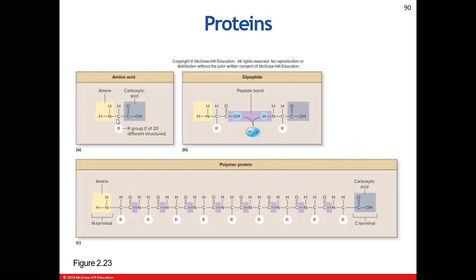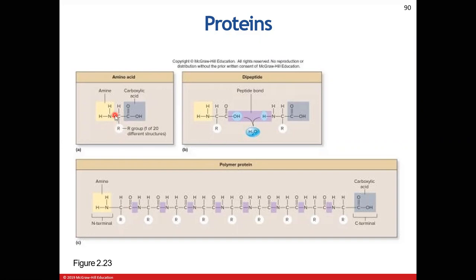Again, here's our one carbon with a hydrogen covalently bonded to it. Here's that amine group, okay? Here's the carboxylic acid group. Again, both of them covalently bonded to the same carbon atom. Then we have this last one down here, and this last structure is our R group.